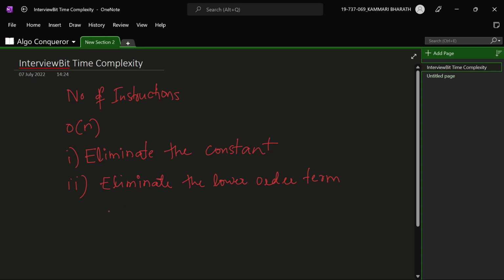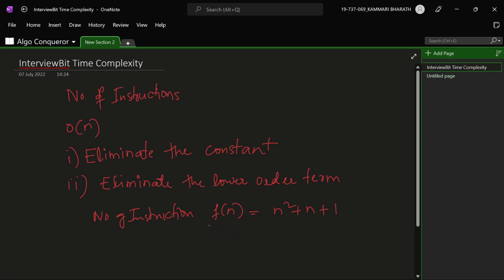Let's take an example. Let's take that number of instructions. Let's call this f of n, where n is the input, equal to n square plus n plus 1, where f of n is the number of instructions.